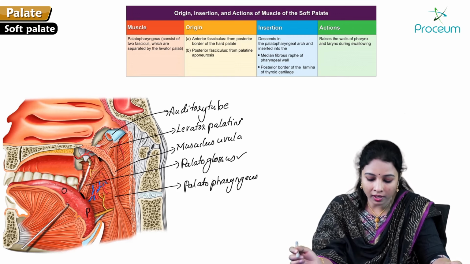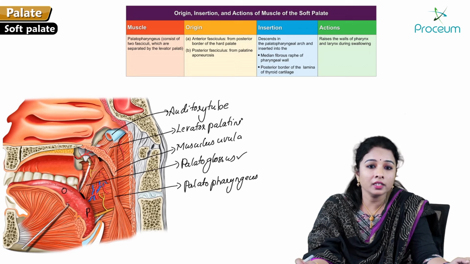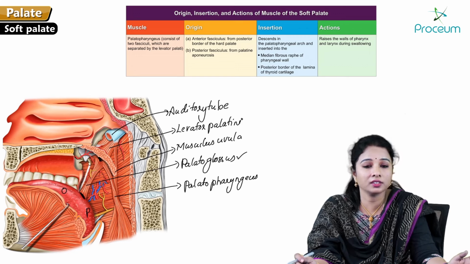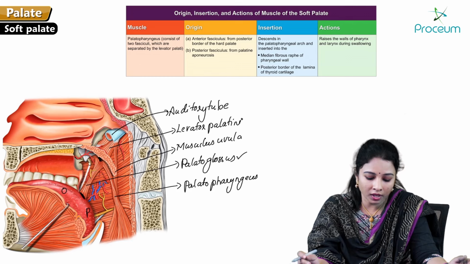So this is palatopharyngeus. It gains its origin from two fasciculi. The anterior fasciculus gains its origin from the posterior border of the hard palate.